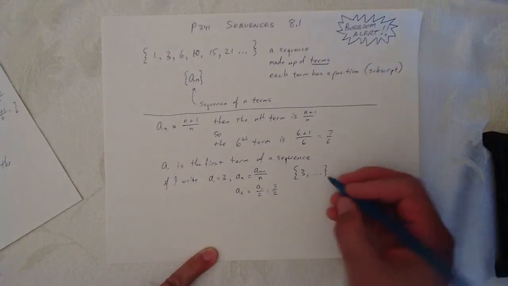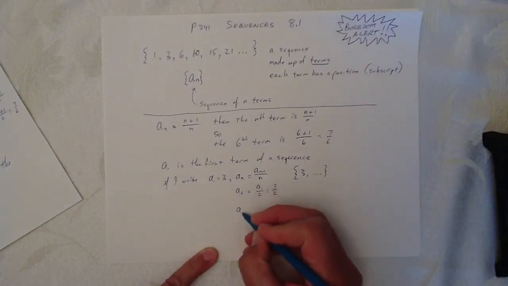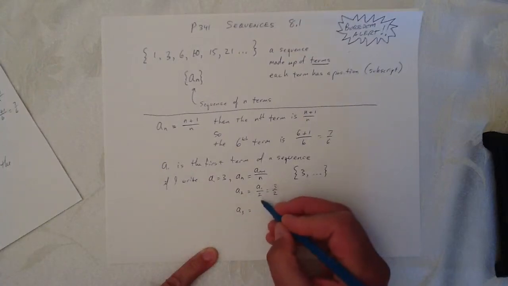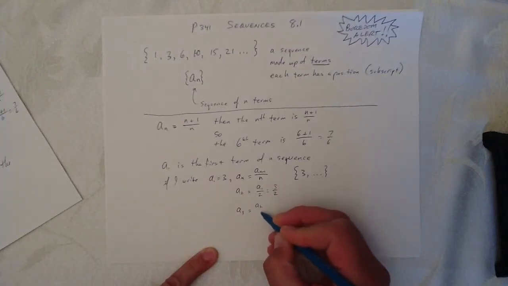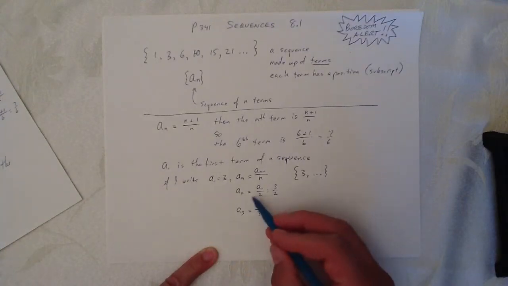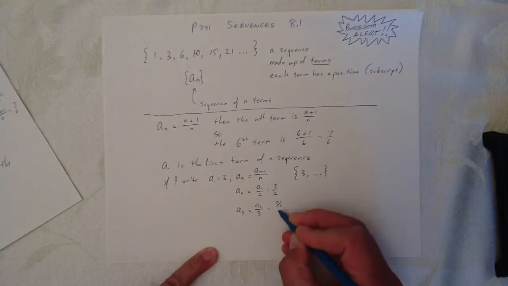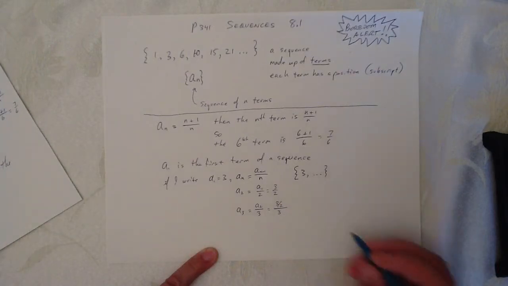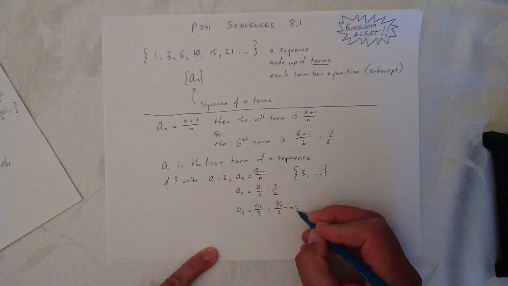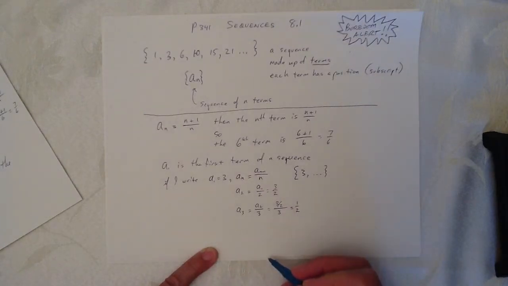So the second term in the sequence is 3 over 2. A_3 equals A_2 over 3. Now A_2, as we figured out, was 3 over 2, so that's (3 over 2) over 3, which equals 1 over 2. So the third term in the sequence is 1 over 2.